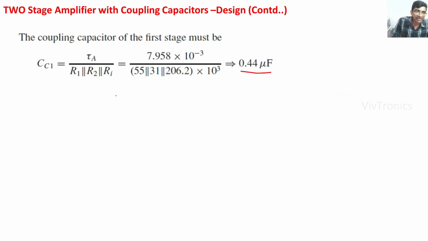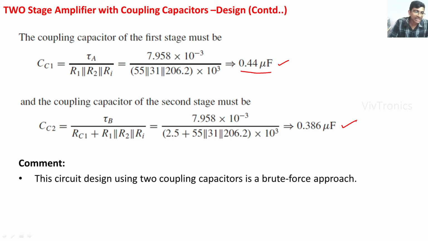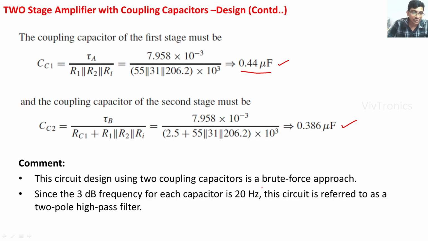After substituting those values, we get CC1 as 0.44 microfarads and CC2 as 0.386 microfarads. These are the values of the coupling capacitors at stage 1 as well as stage 2. The analysis we used to get the coupling capacitor values is called the brute force approach, and the 3 dB frequency for each capacitor is 20 Hz.